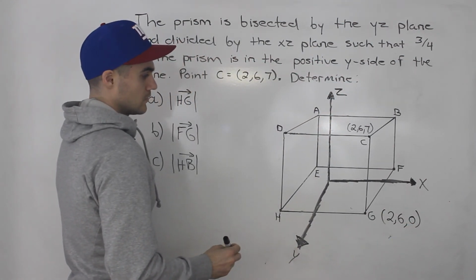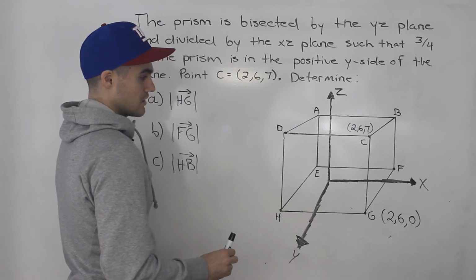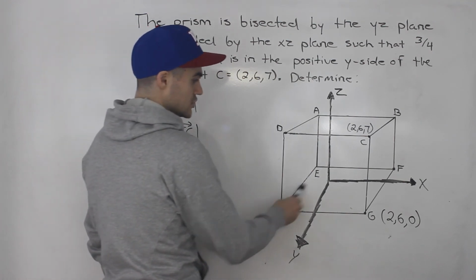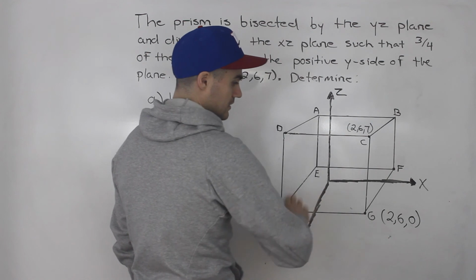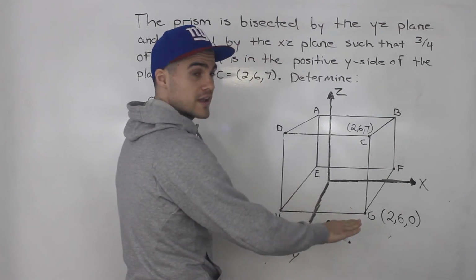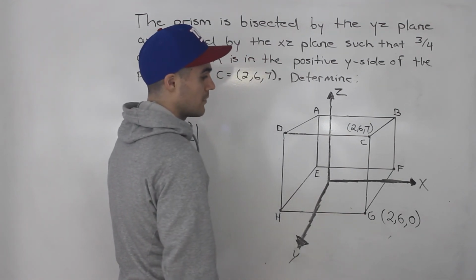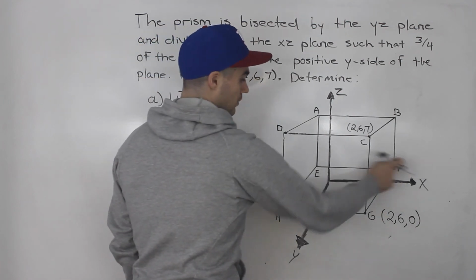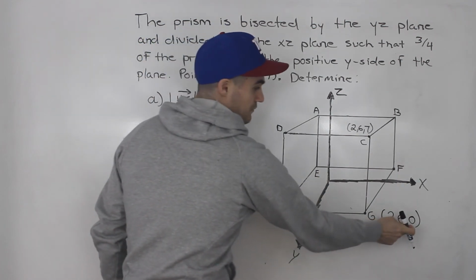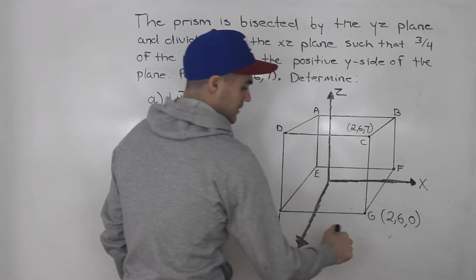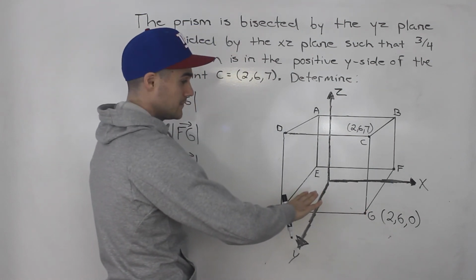Now I'm going to try to figure out the coordinates of H, E, and F. I'm going to stick to the bottom face of the prism. Notice all of these points are going to have a Z value of 0, because they're all on the XY plane.